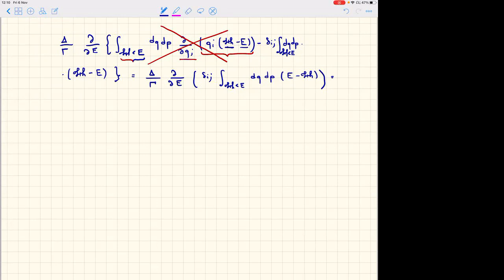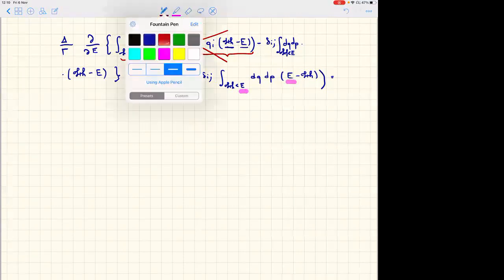Now, when I take the derivative with respect to E, E is appearing both on the boundary of integration and on the integrand itself, right?